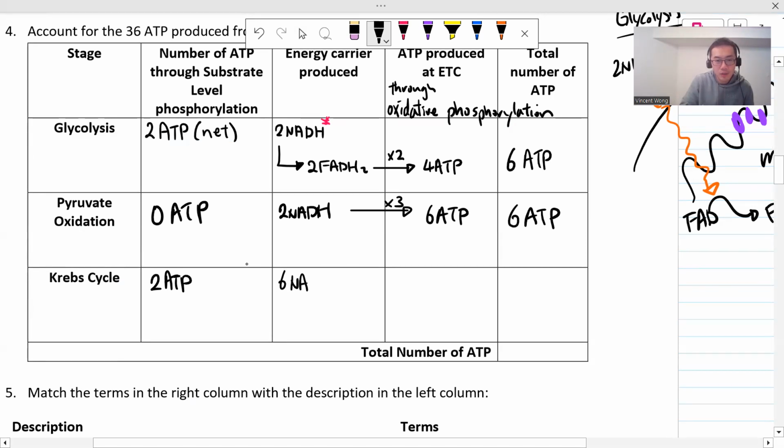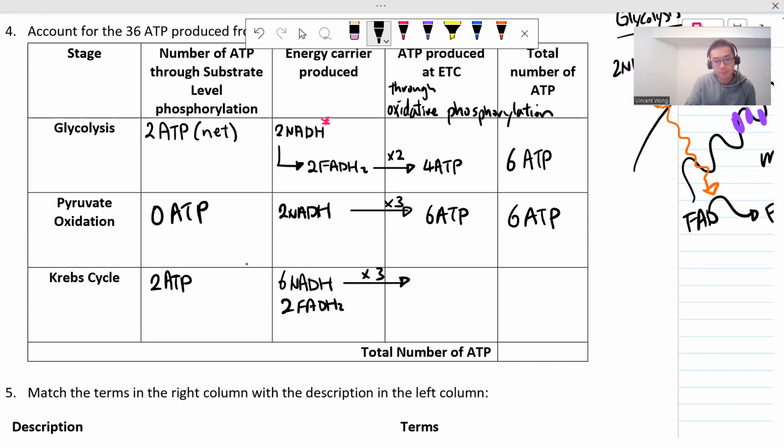6 NADH, look at the summary sheet. How many FADH2? 2. 2 FADH2, I'm sorry. So we're going to multiply this by 3 and 2.